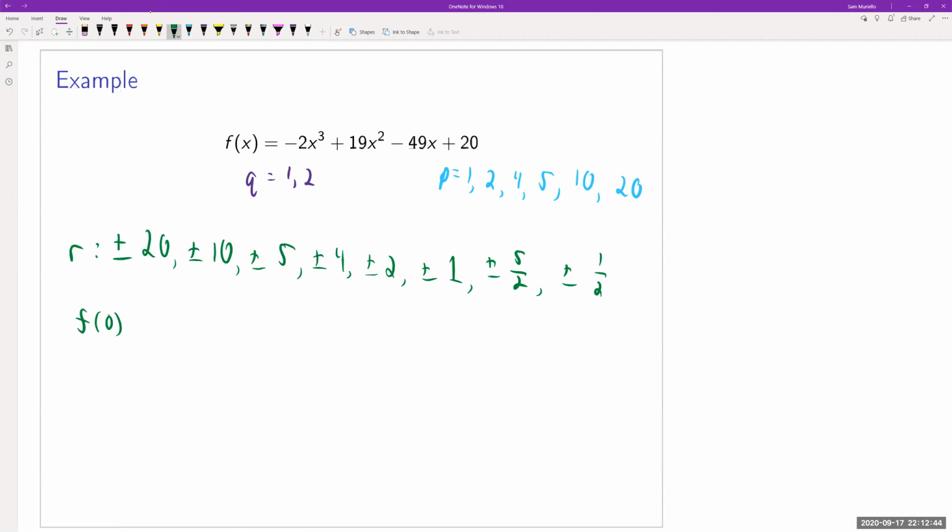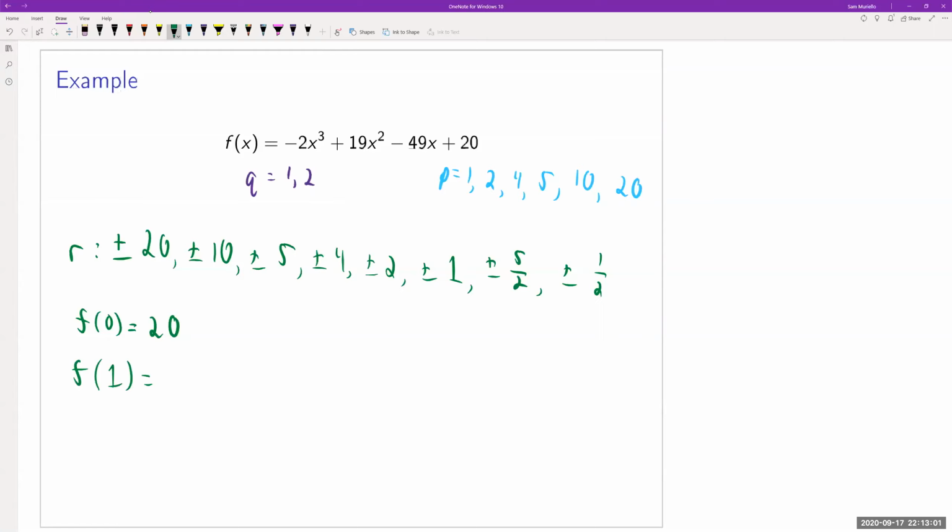So f of 0 ends up being 20. And then I'll check, say, f of 1. Let's plug this into my calculator real fast.